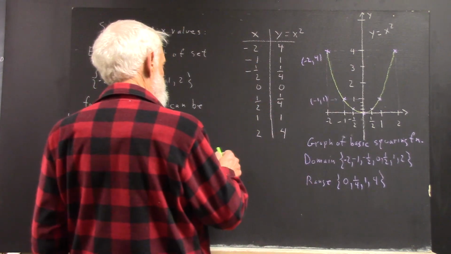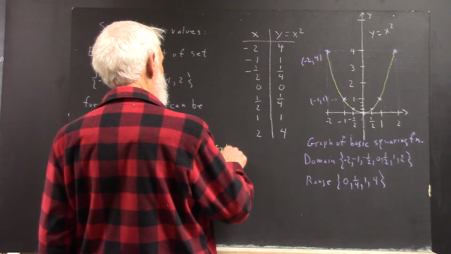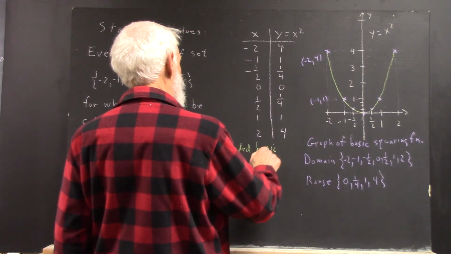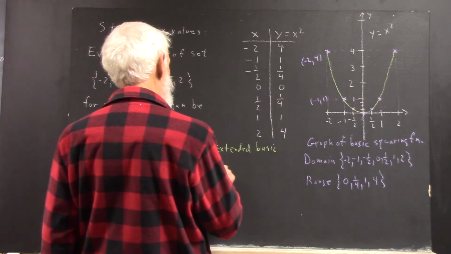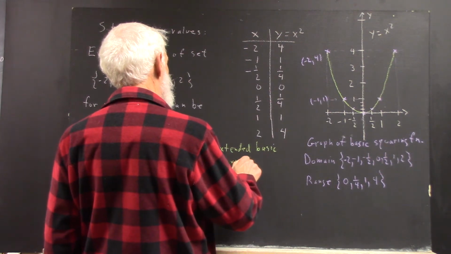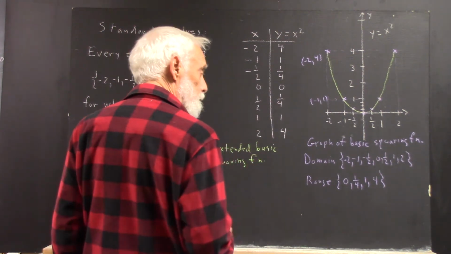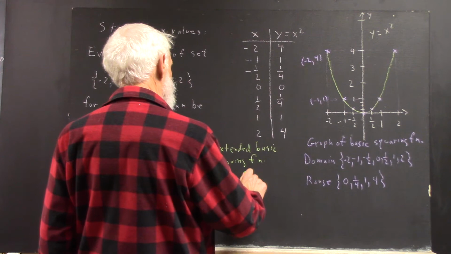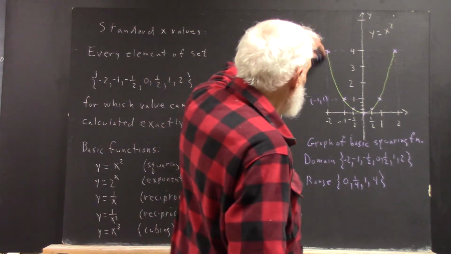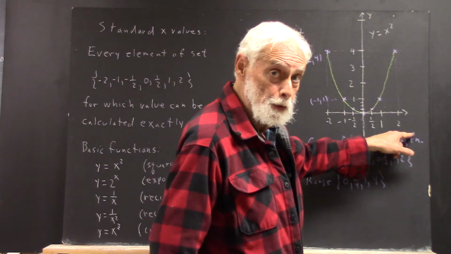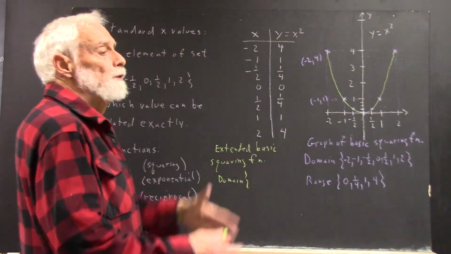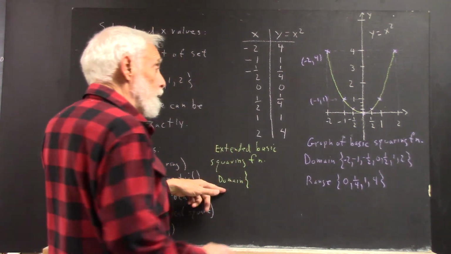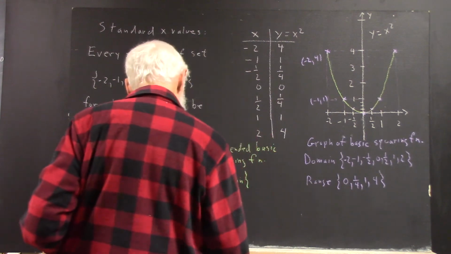So, the extended basic squaring function has domain... well, to get all the points on this curve, you got to use all the points from -2 to 2 as your x-coordinates. Of course, since there are infinitely many points, you can't write out a table for it, but the domain is going to consist of all numbers from -2 to 2.